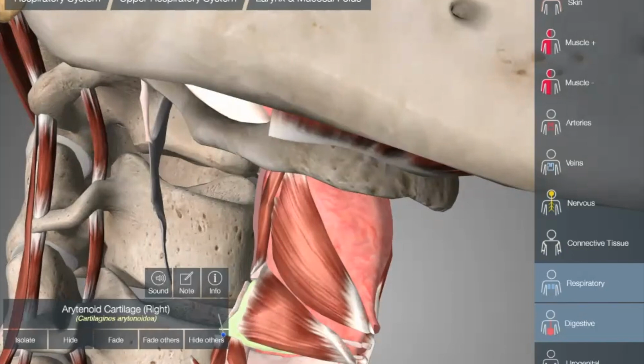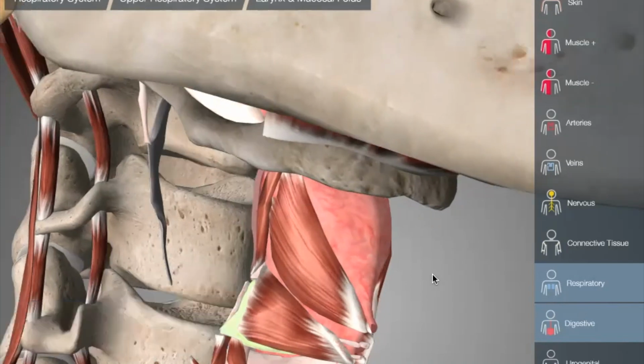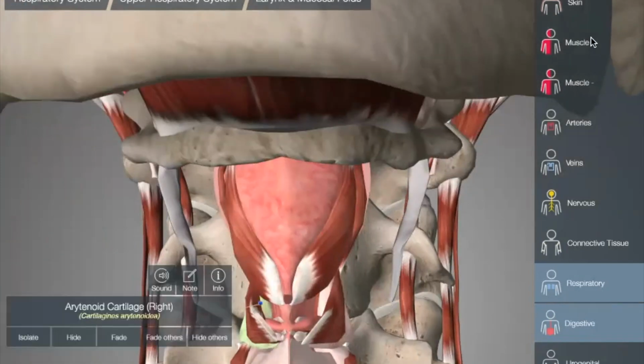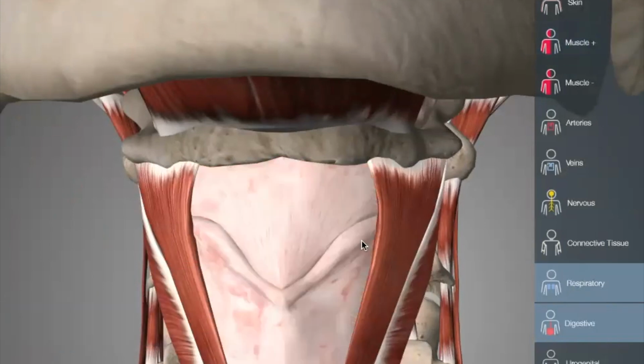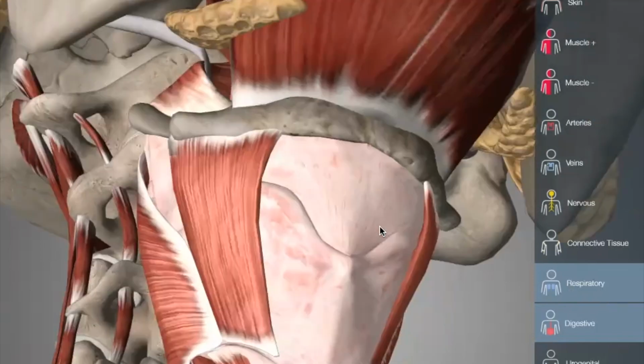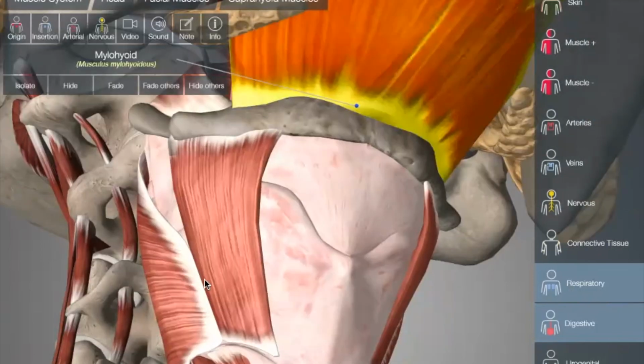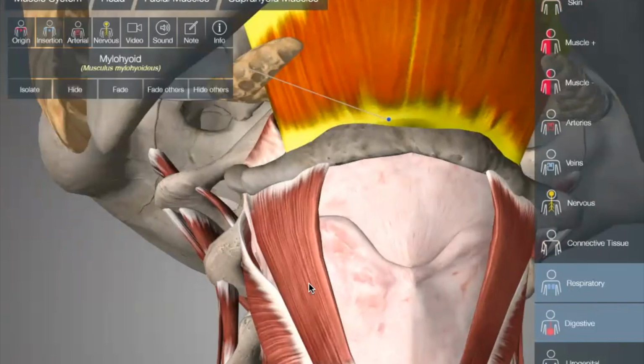Now, let's start with the extrinsic muscles. The extrinsic muscles act to move the larynx superiorly and inferiorly. And they are made up of the suprahyoid and the infrahyoid groups. Remember when you learned about the suprahyoid and infrahyoid groups, these muscles were used in swallowing, right?